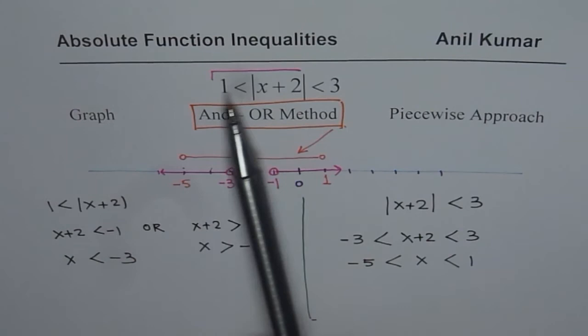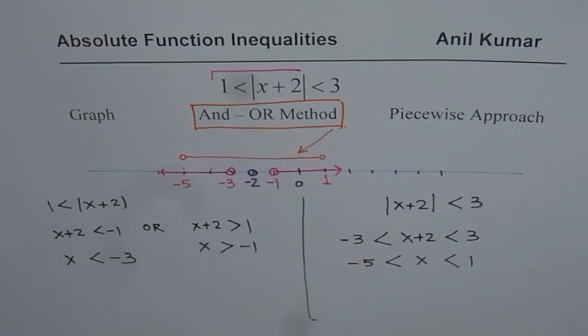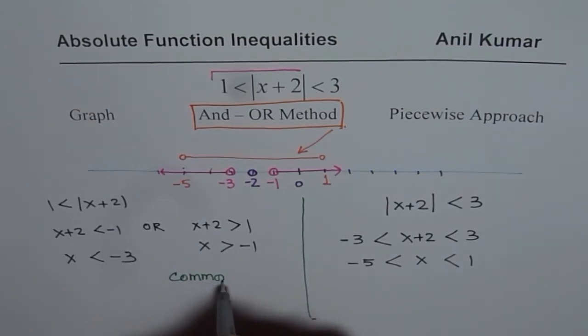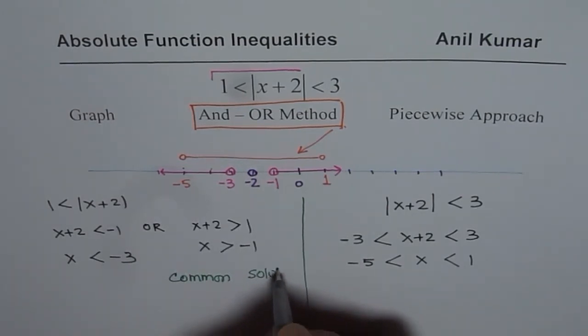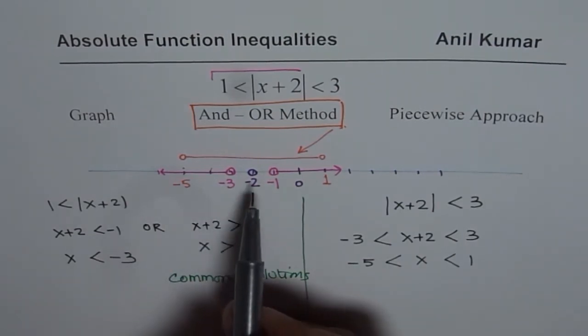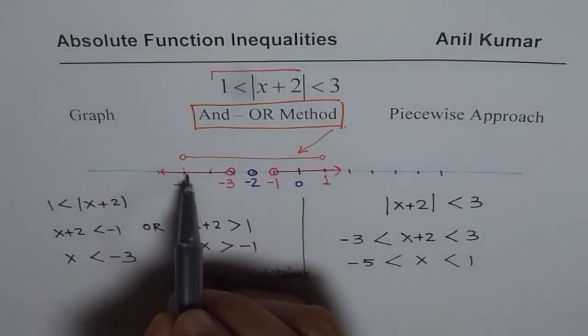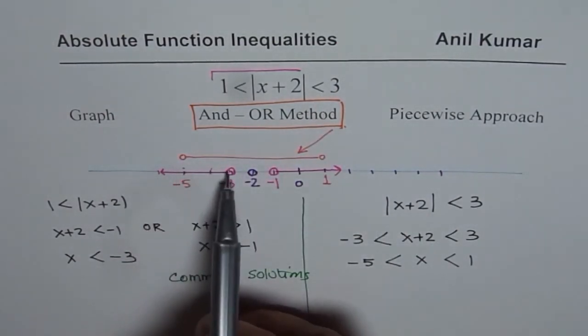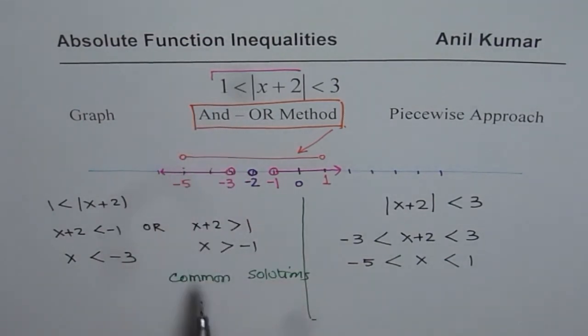Now when you have a double inequality, then we have to find the common solution, right? So now what is the common solution? Which satisfies both the things. So from the diagram you can see this orange represents less than 3 and this portion in pink represents greater than 1.